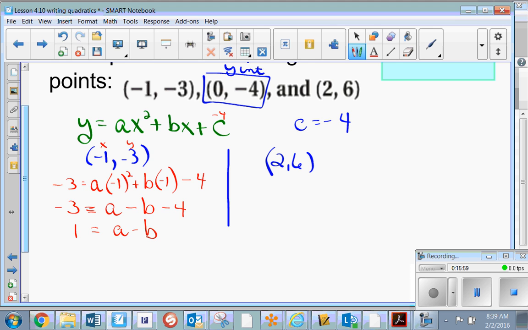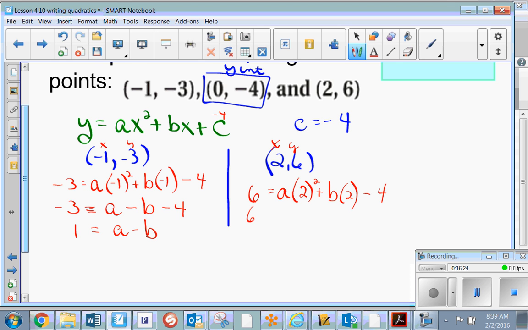This time, though, I'm going to use this x and y. So now I'm going to have 6 equals a times x squared plus b times this x plus c, but I know my c is -4.